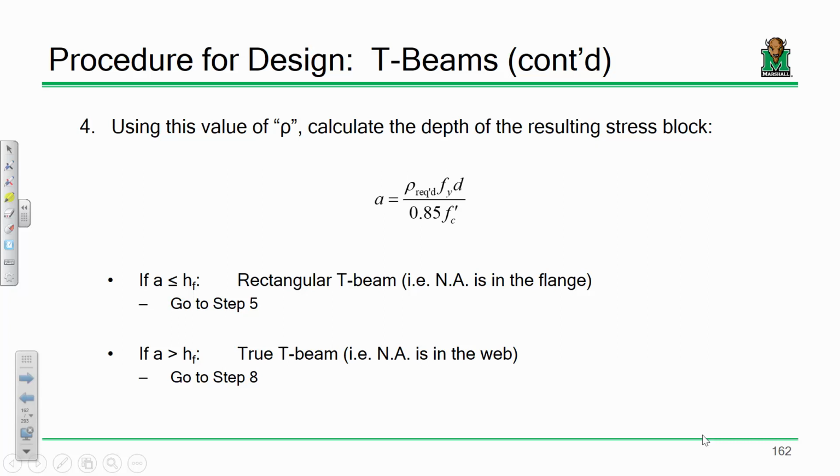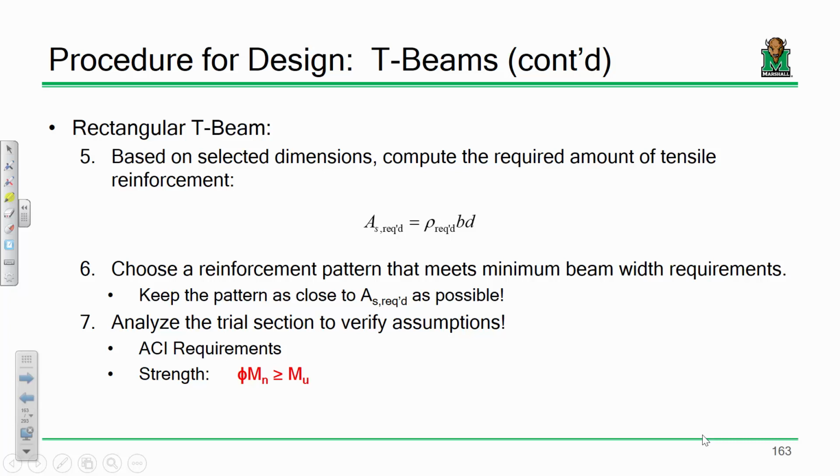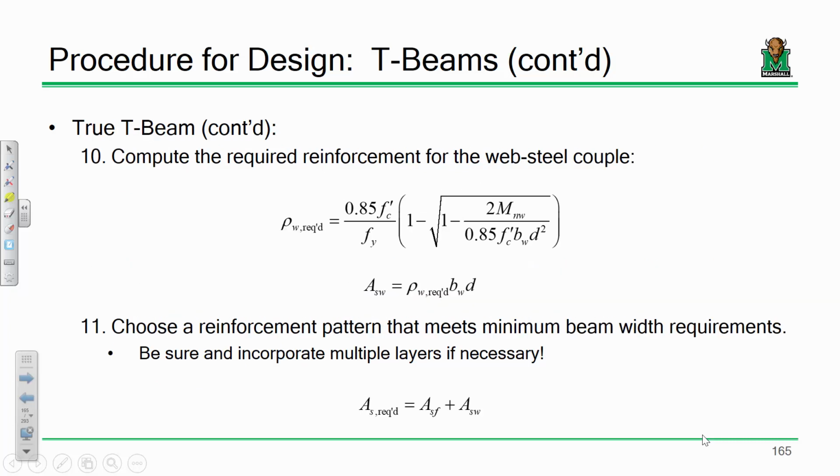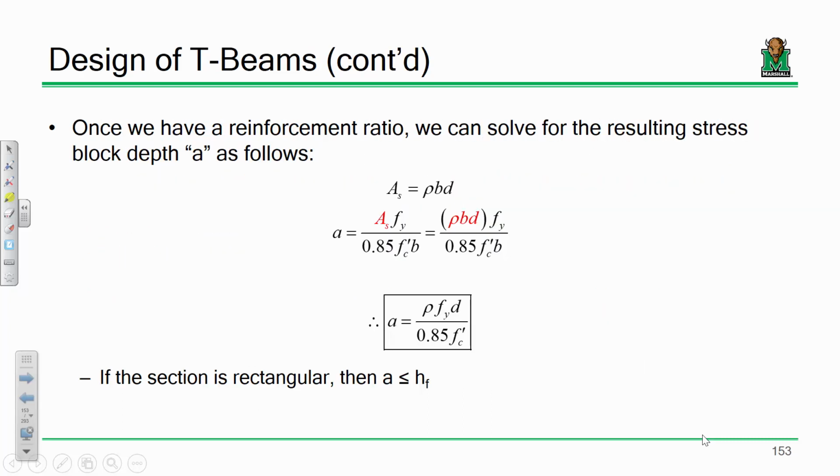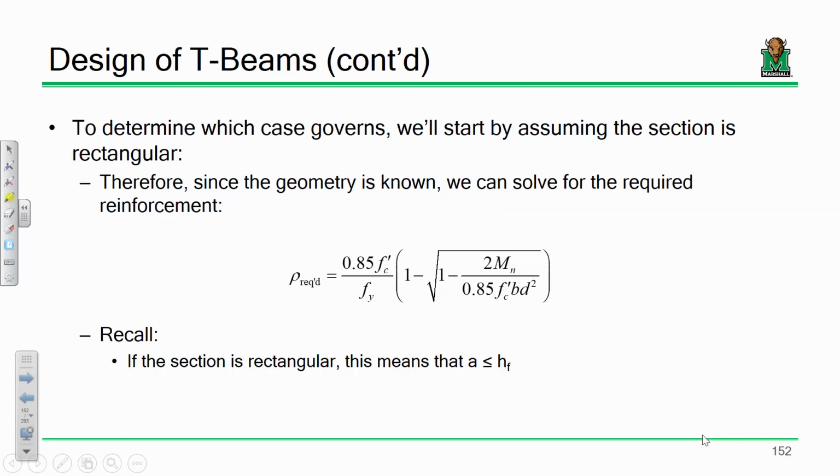So I have my steps for if it's a rectangular beam, and then my steps for if it's a true T-beam. And don't worry, I'm going to go through this derivation in some pretty significant detail next time. We don't really have time to discuss it today. Actually, I'm not going to discuss this till next Friday, so I'm definitely going to need to slow this part down. But like I said, we've got time.